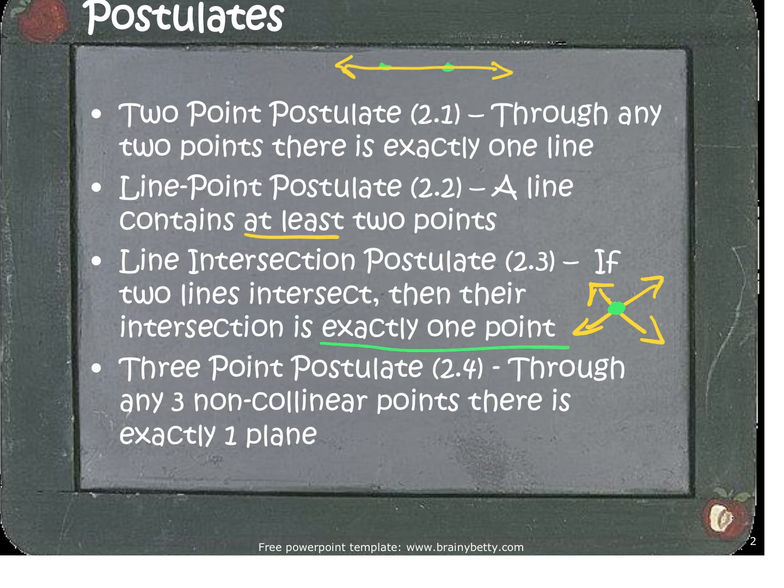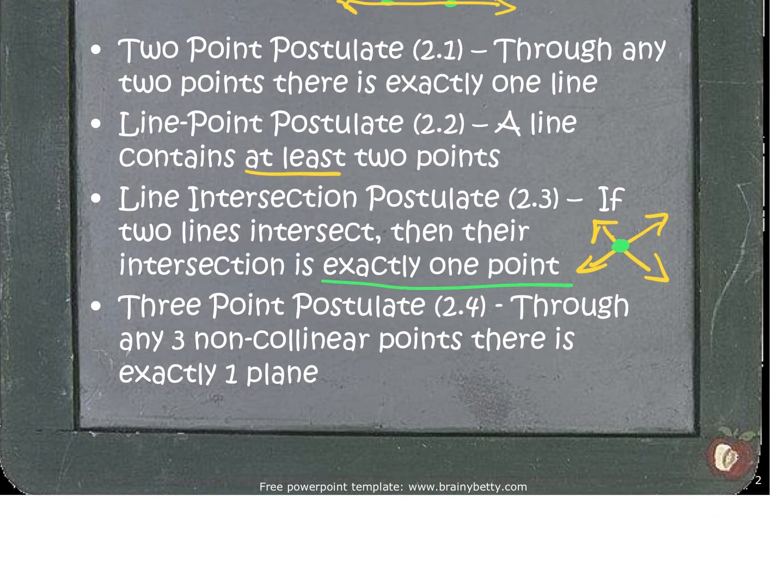Then the 3-point postulate states that through any 3 non-collinear points, there is exactly 1 plane. So if I put 3 non-collinear points here, there will be exactly 1 plane. And this one's called the 3-point postulate.